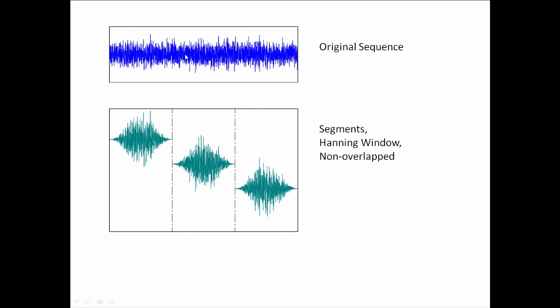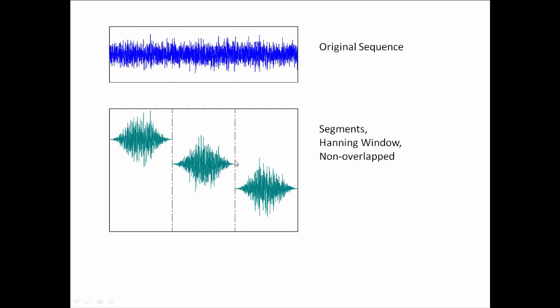So let's say we have our original sequence here, our time history sequence. I'm not showing what the units are, X and Y. It doesn't really matter for this case. And let's say we're going to divide this into 3 segments because we want to pick up some extra statistical degrees of freedom. So this bottom plot here shows what happens when we apply the Hanning window.